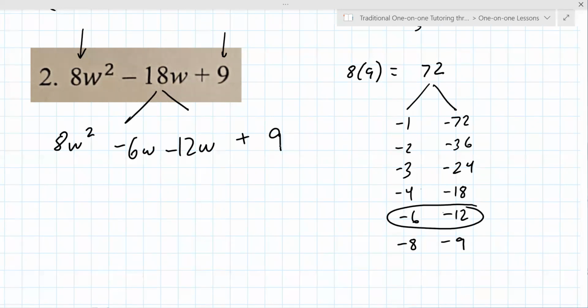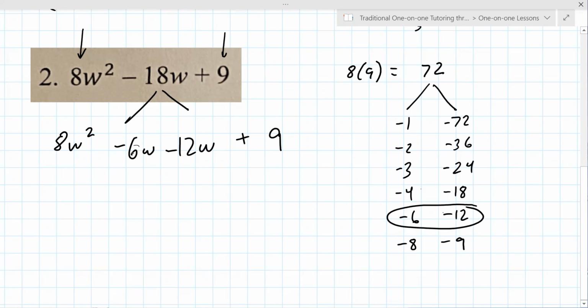So that's critical here. Now you look at the first two terms and you figure out what's the greatest common factor between them. What goes into both 8 and 6?